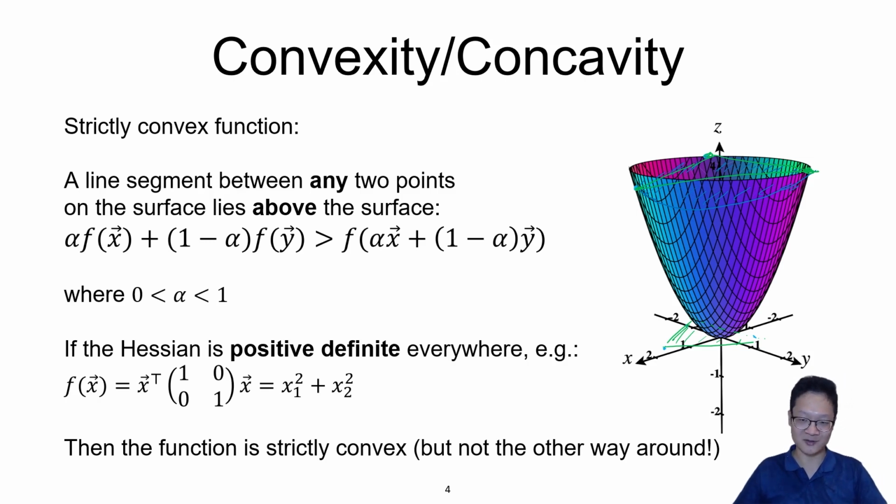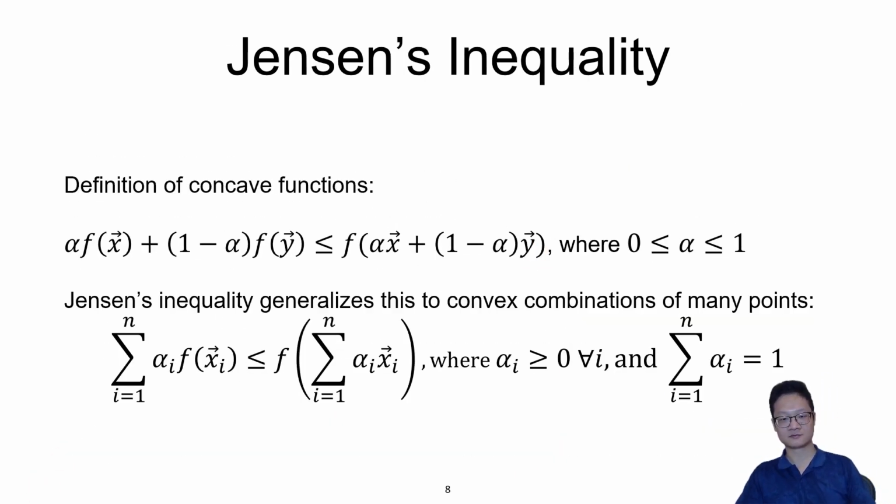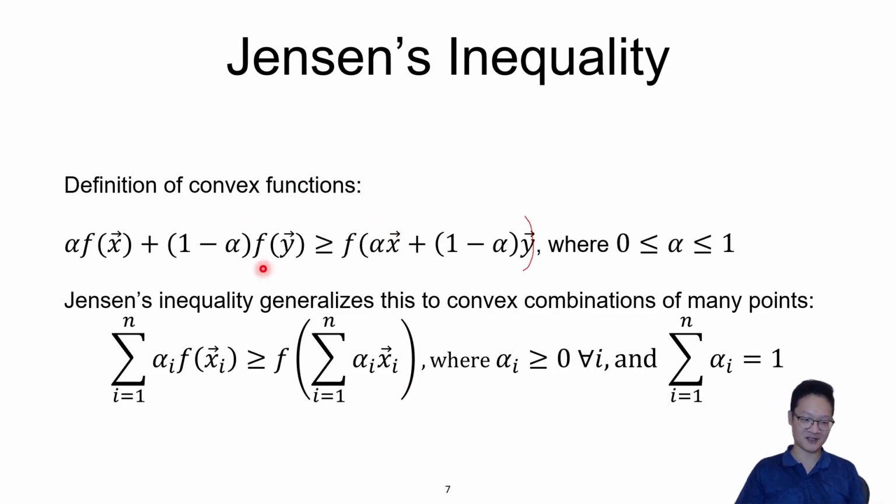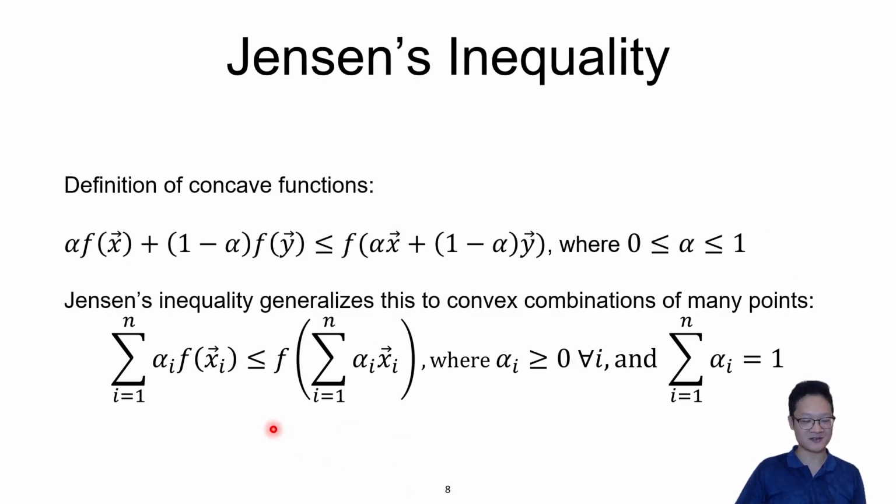So this pictorially illustrates Jensen's inequality. Hopefully that made sense, even though I'm a terrible artist. Okay, so that's Jensen's inequality for convex functions. And for concave functions, the inequality goes the other way.